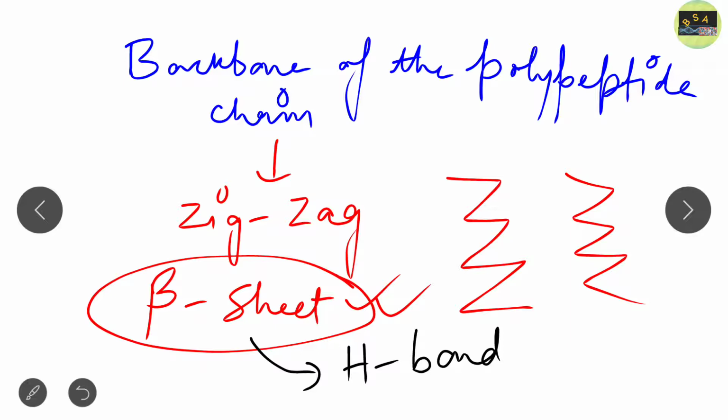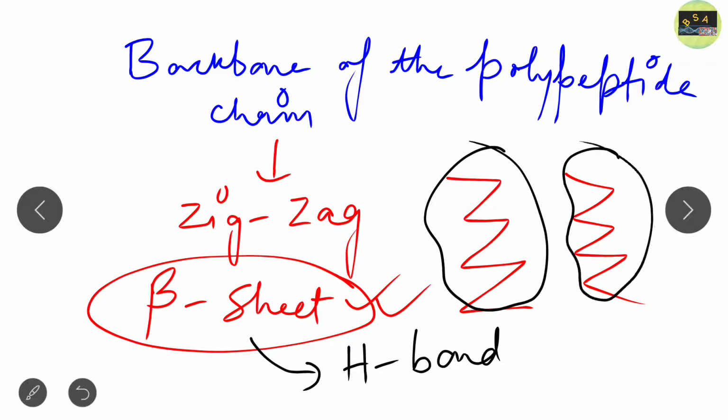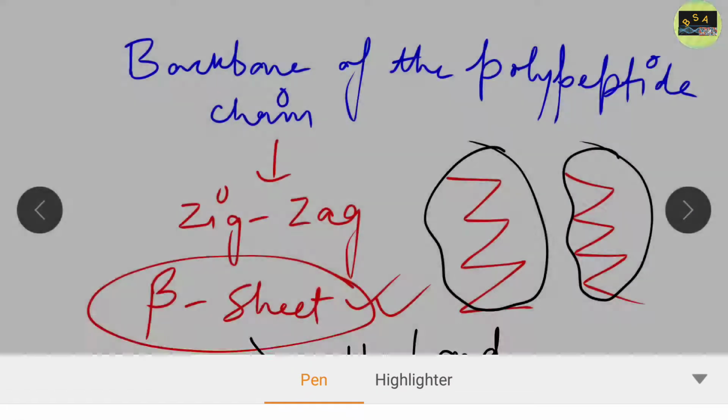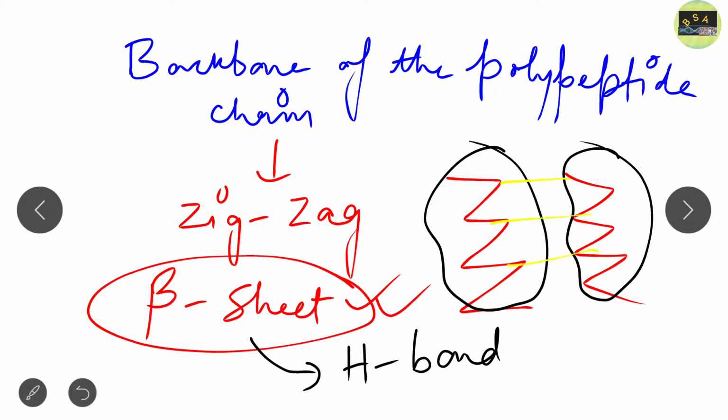If we look at this, this is one polypeptide chain and this is another polypeptide chain. So between these polypeptide chains, hydrogen bond is formed in case of beta sheet, clear.